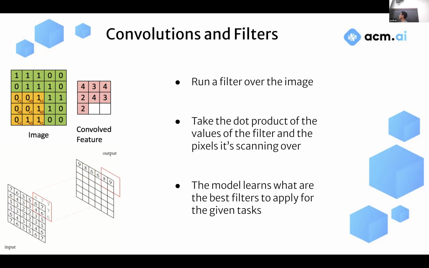As you can see, the filter runs over the image, and you take the dot product of the values of the filter and the values of the image, and that dot product gives you the value that goes in these squares. The values inside the filter, which in this case are 101, 010, 101, are going to be learned by our model as it goes through the process of gradient descent with our training data.